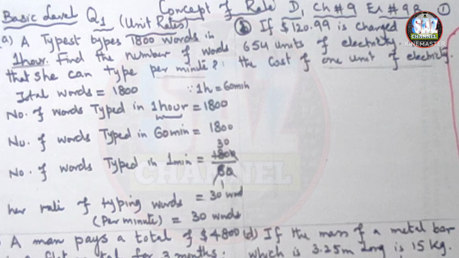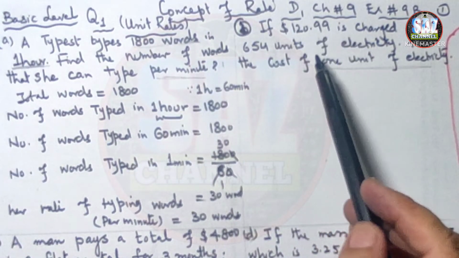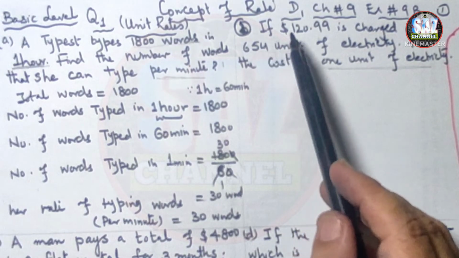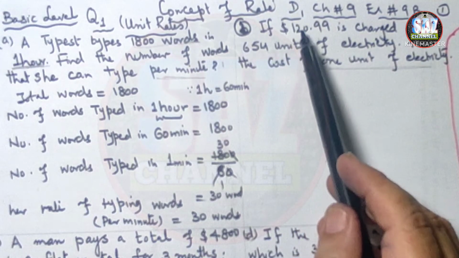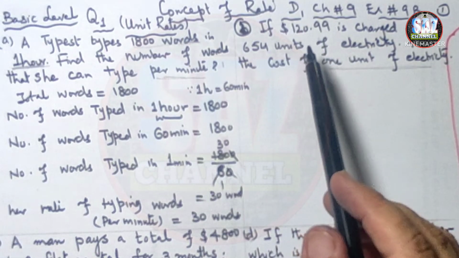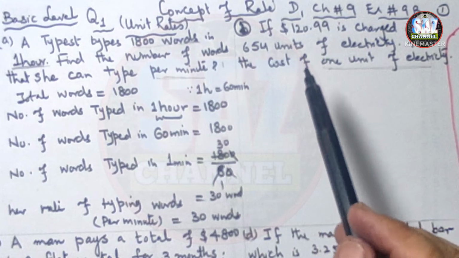For 654 units, the total cost that we have to pay is 120.99. This is also one of the problems of the students, that they do not know how to translate the given information into related alternative words.